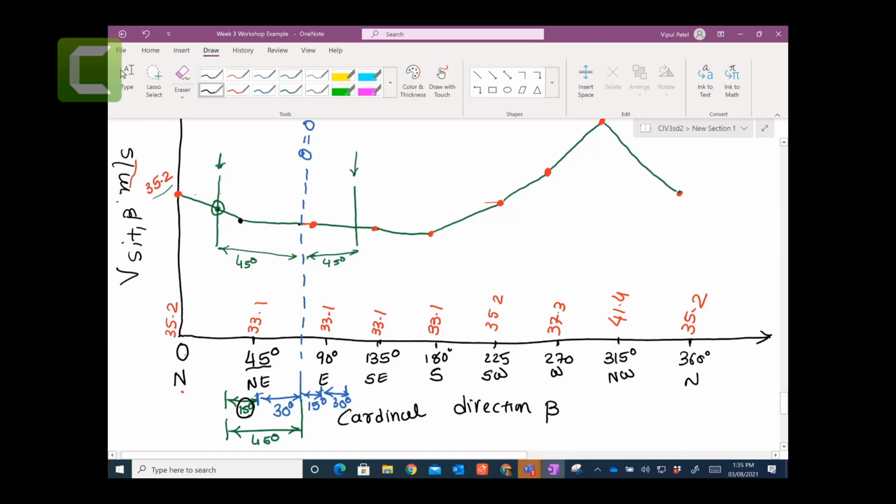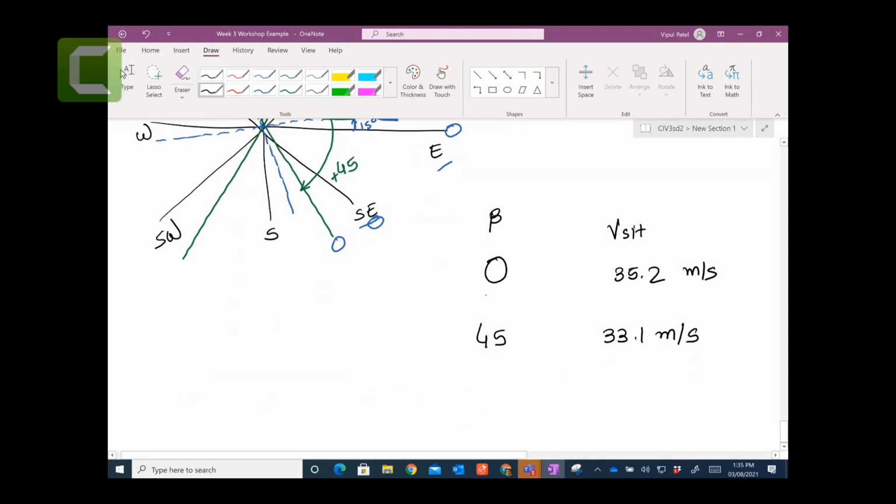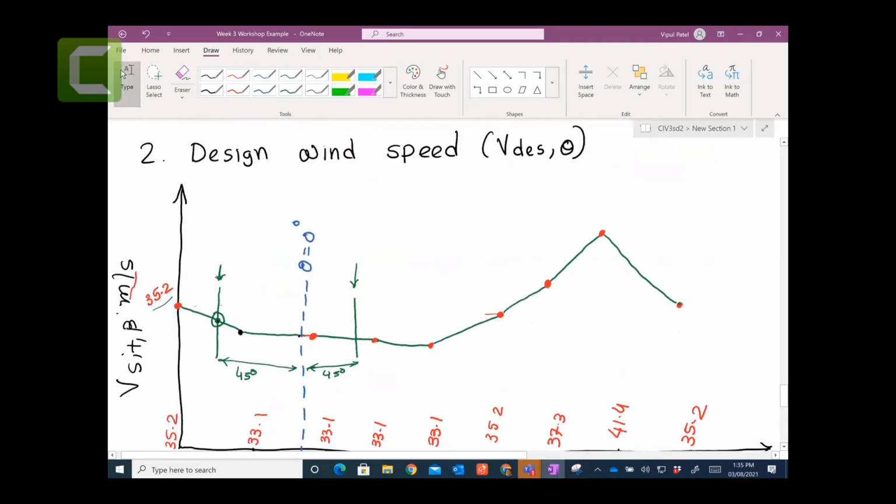They will be both the same. So if I have 15 degree, I think I can write 30, I believe.